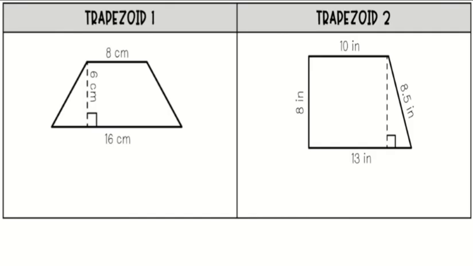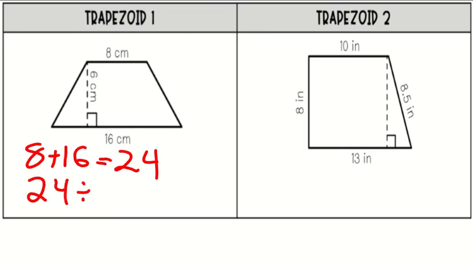So my first step is just 8 plus 16. 8 plus 16 is 24. If that number is even, 24 is even, divide. So 24 divided by 2 gives me 12.